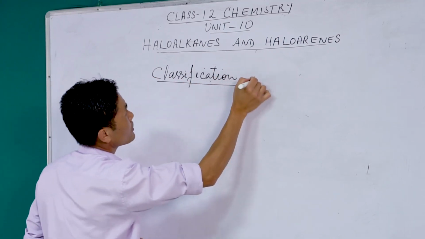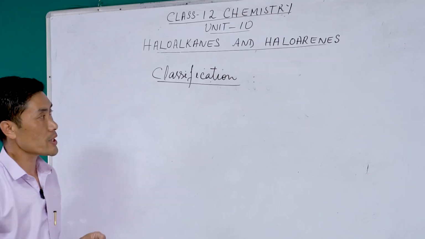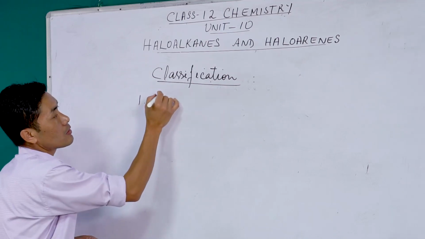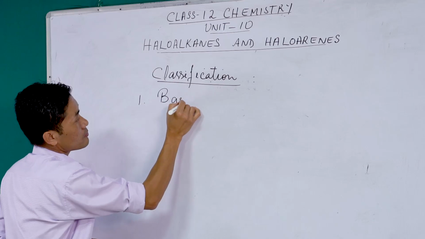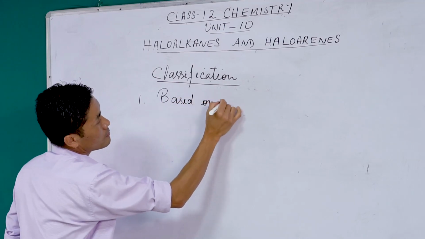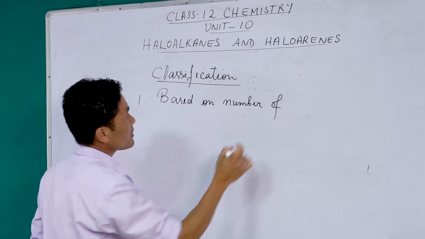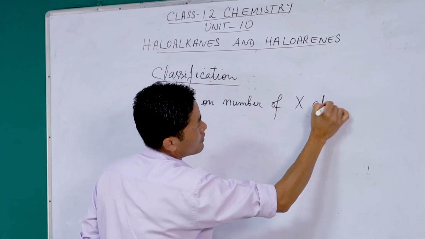This classification is done based on two things. The first one is based on the number of halogen atoms.